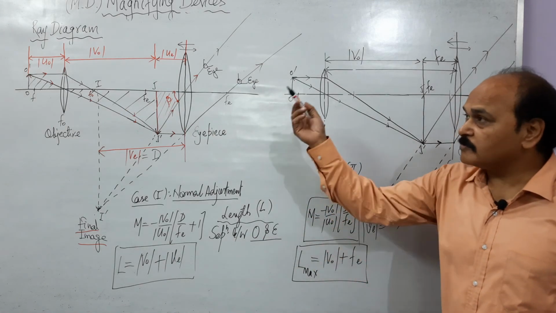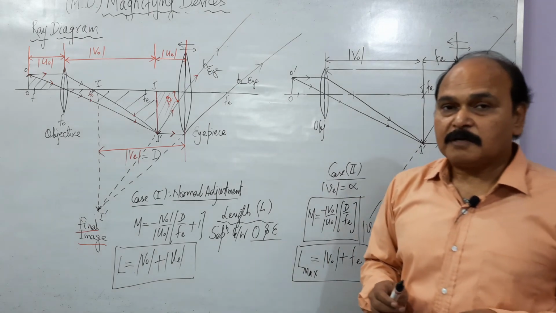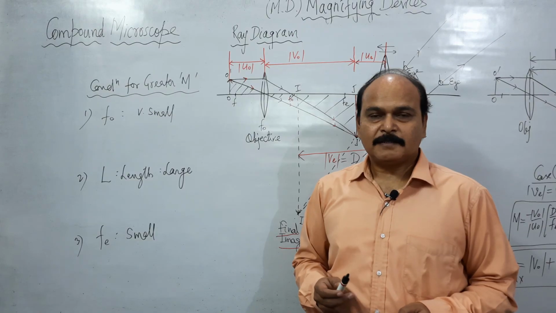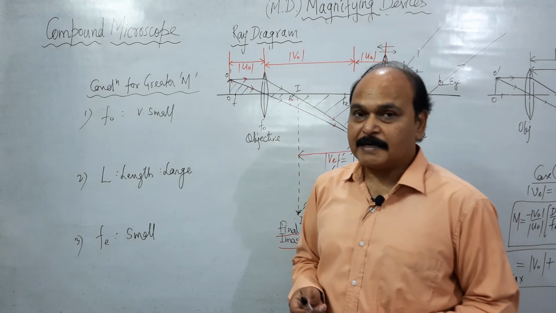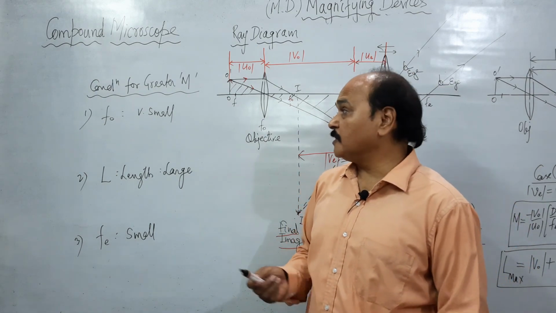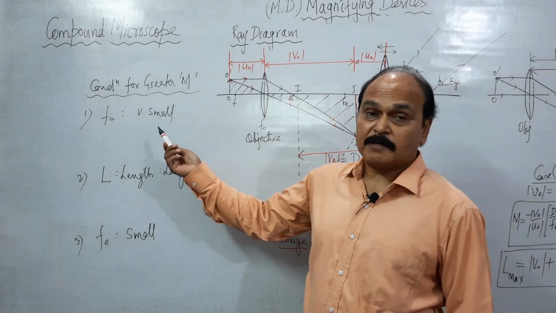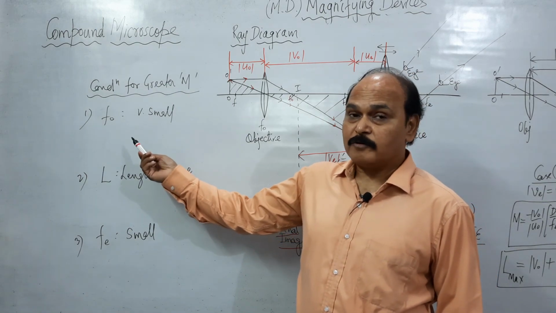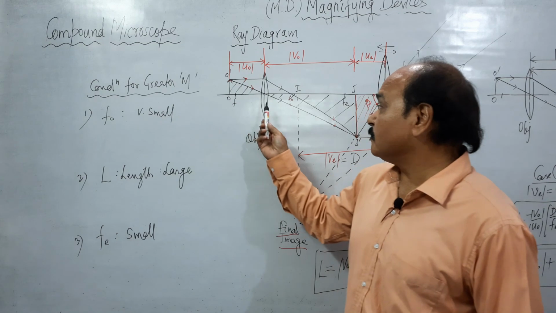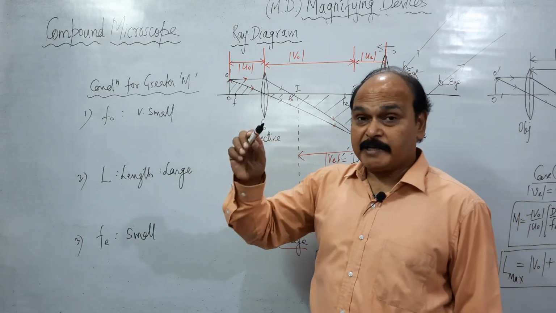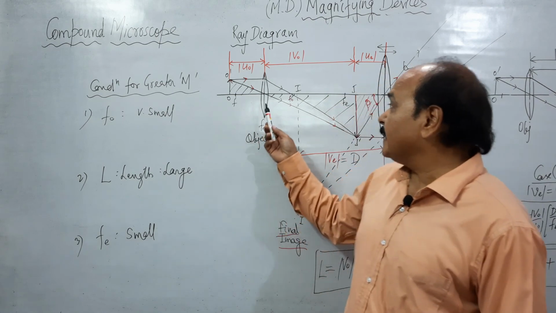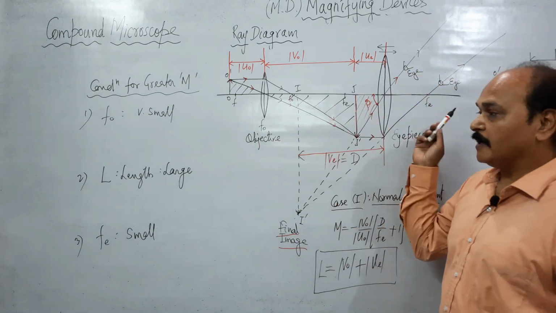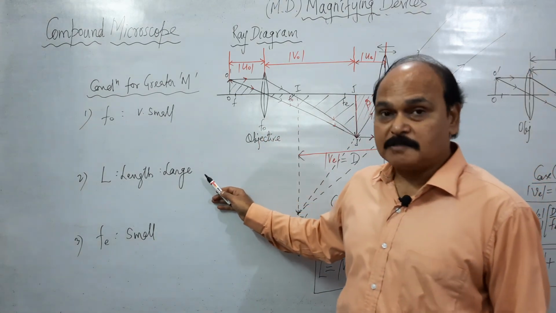Now children, we are going to study the conditions for greater M. Let us finally understand the conditions for greater M. These 3 conditions are: number 1, fo, the focal length of the objective lens, should be very small. The second condition is the length of the microscope should be large.